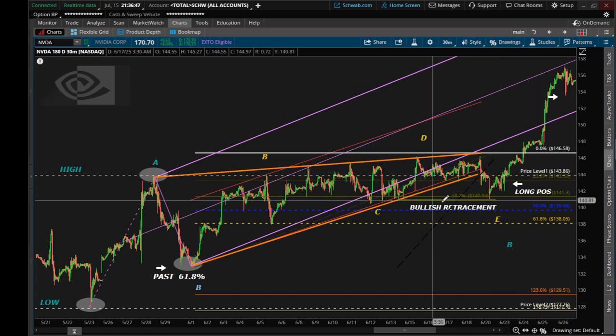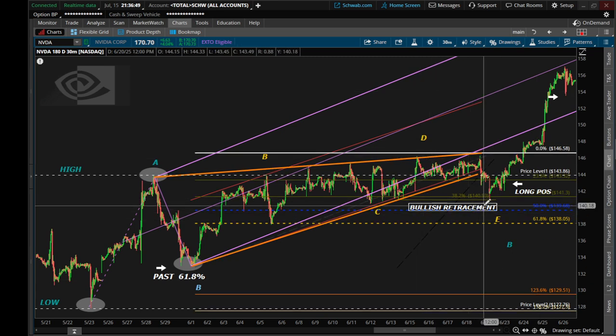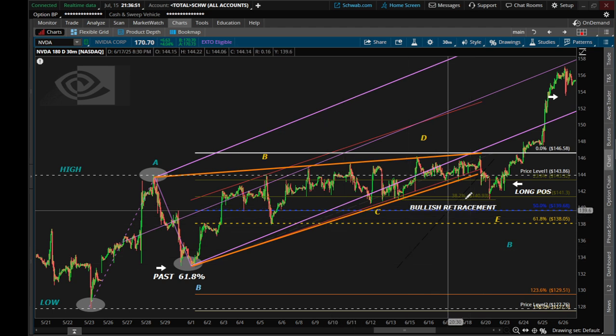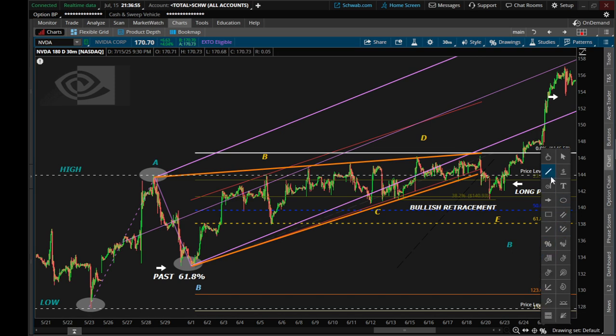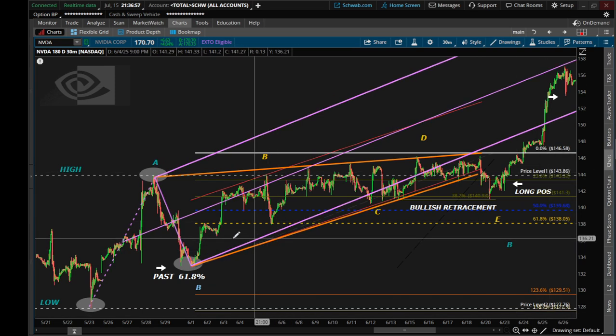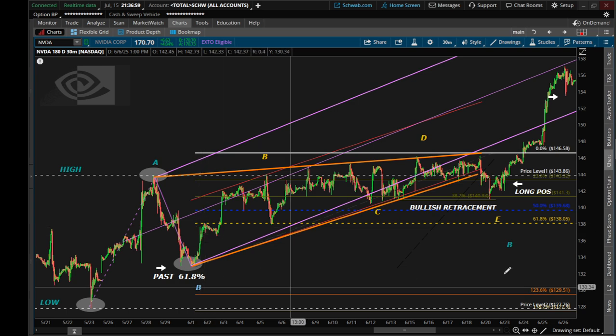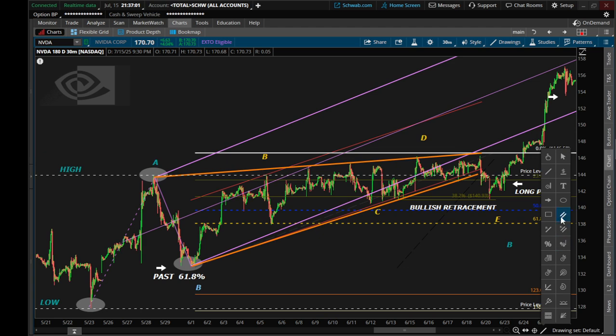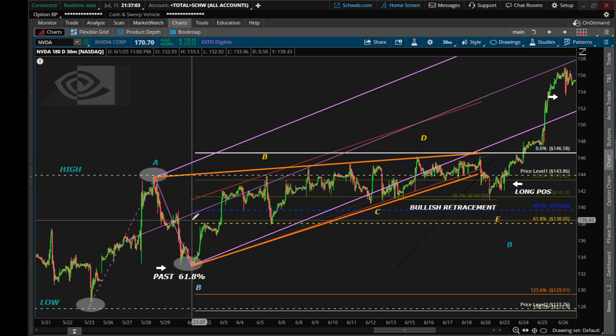Now, the one thing I need to add is that in the B wave, and I didn't say this on Sunday, there are 3 swings in the B to start that rally.